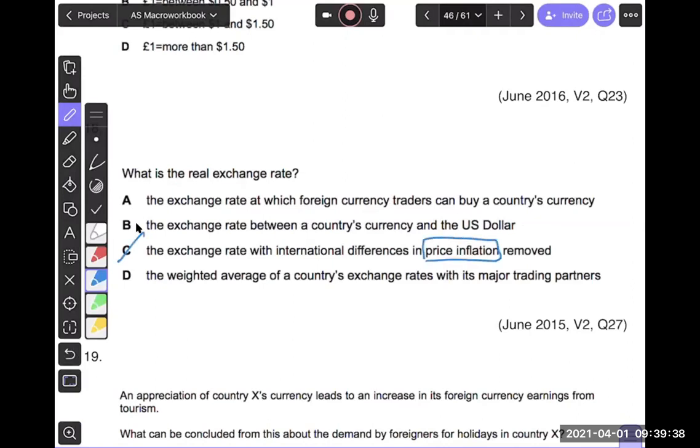Make sense? So C is the right answer. By the way, A is the nominal exchange rate, and this is the trade weighted exchange rate.